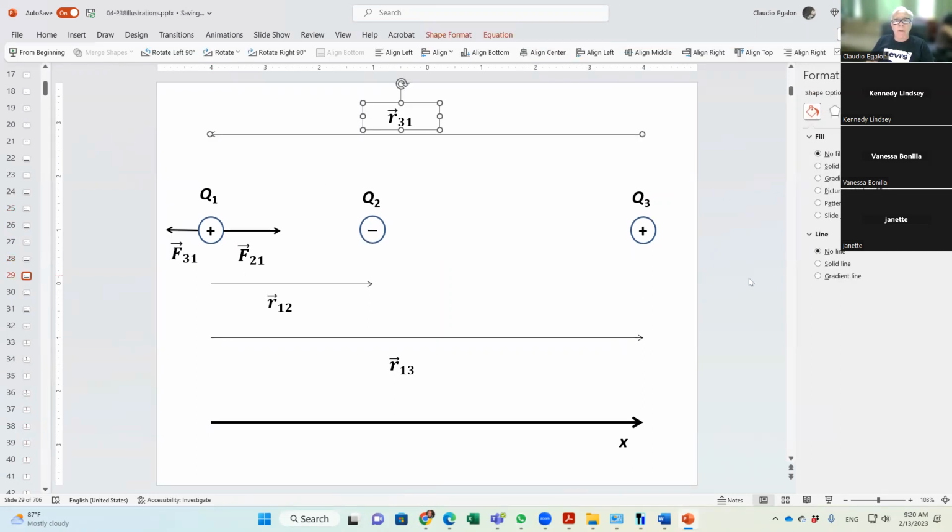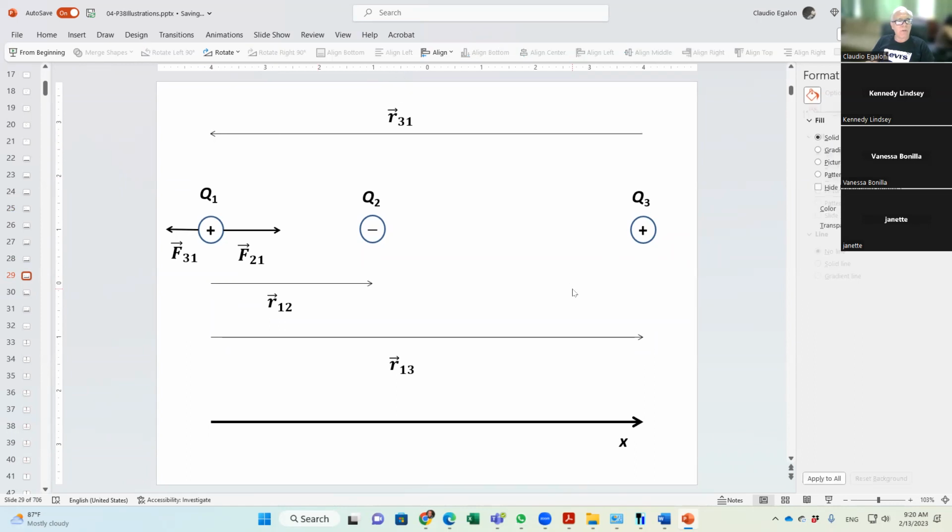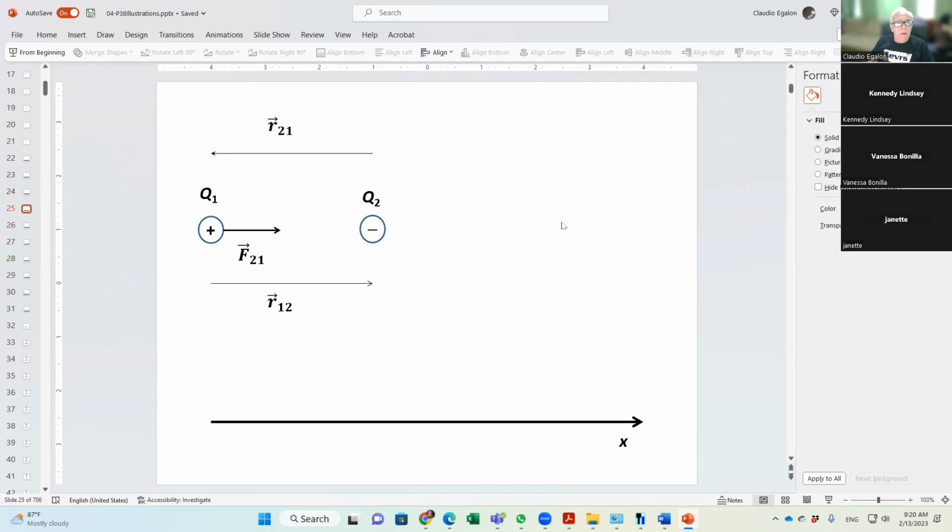repulsive. Because this charge is positive, the resulting force is going to have the same direction as this other vector position. Let's get the other one. Here we go.